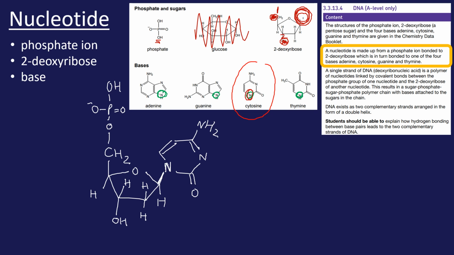And then I had to choose one of the bases, and my 1000th subscriber beautifully called out number 3, and I decided to stick cytosine onto the 2-deoxyribose, and the base goes up the top right on that OH group. So what I've just drawn there is a nucleotide.